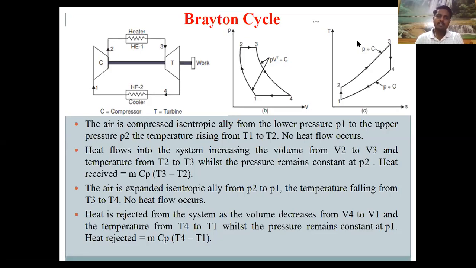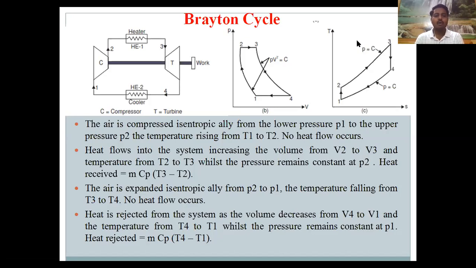In the compressor, isentropic compression, state 1 to 2, and in the turbine, isentropic expansion. Pressure falls from P2 to P1, and temperature falls from T3 to T4. Again, isentropic expansion, no heat flow occurs.